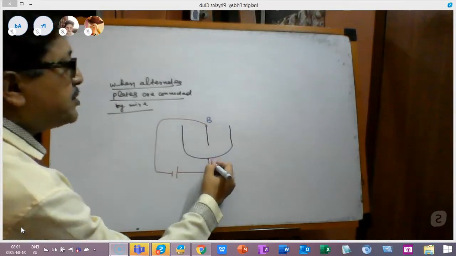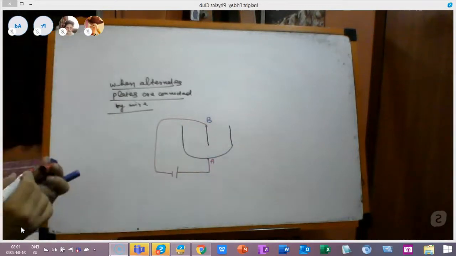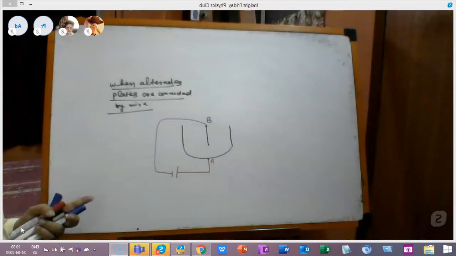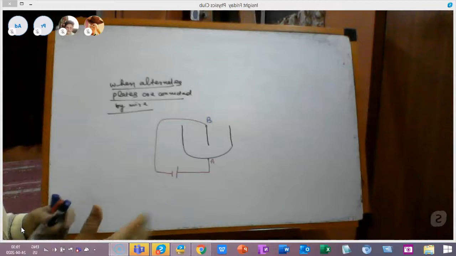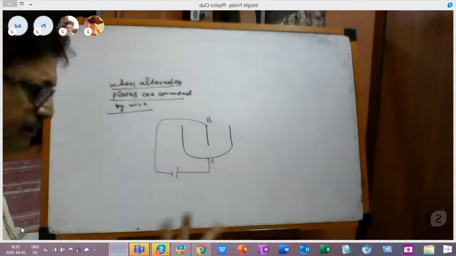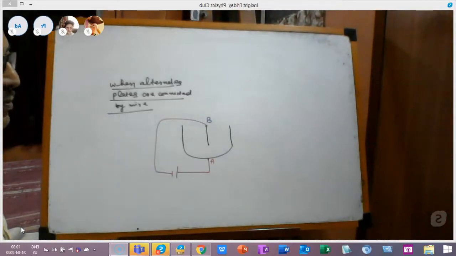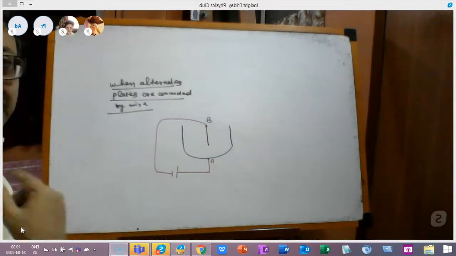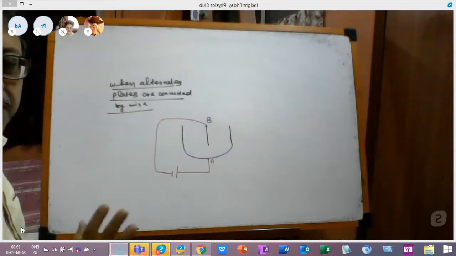These 2 plates are joined, and another important thing which you have done in normal coursework, when you are forming a circuit: if a plate connected to the positive terminal gets a charge Q, the plate joined to the negative terminal will get a charge minus Q. This you never forget.